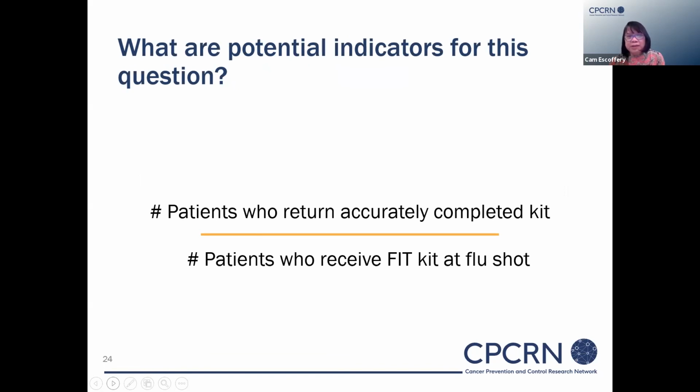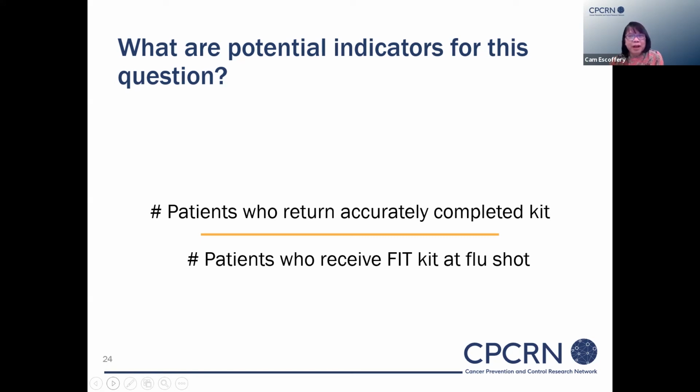So let me give you an example of an indicator. An indicator is the completeness of the FIT-FLU program. And if we want to understand that better, we actually need to have an idea of this ratio: the people who actually return the FIT kit over those who actually receive the FIT kit from your program at the FIT-FLU clinic.